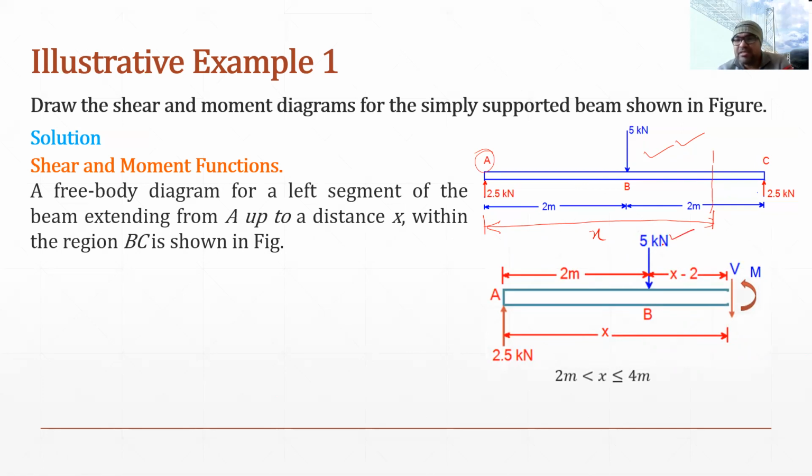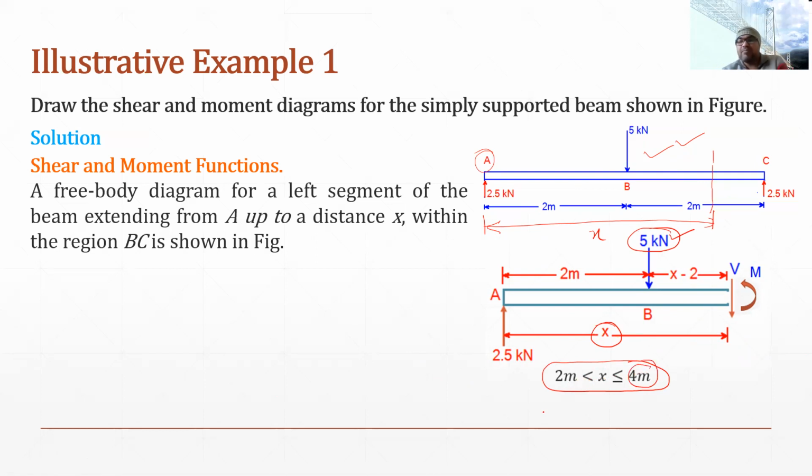So in the left hand side segment, now we have this force also. And segment AB is already present there and part of segment BC. So now distance from support A, it will be X. And the very important thing, limit of X. Now, limit of X here, you can see X is more than 2 meter, but less than or equal to 4 meter.